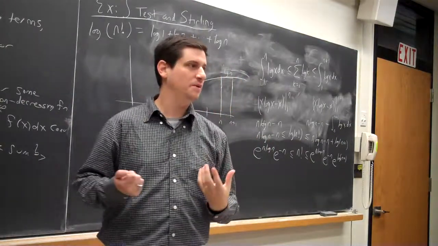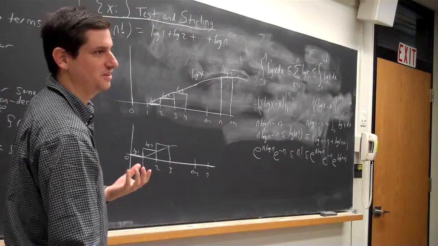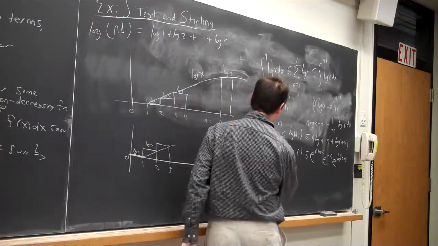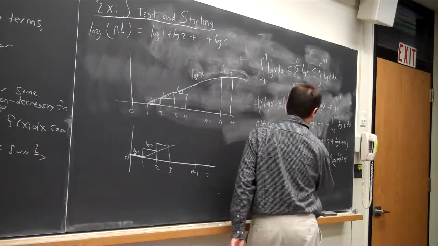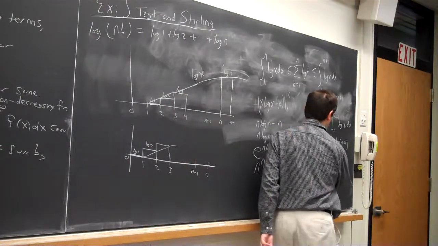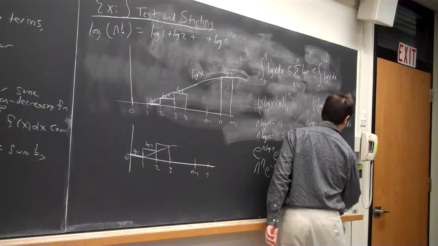I'm raising e by the number of powers of e I need to get n. So e to the log n is just n. So I get n to the n, e to the minus n, less than or equal to n factorial, less than or equal to n to the n, e to the minus n, and then this is just an n plus 1.